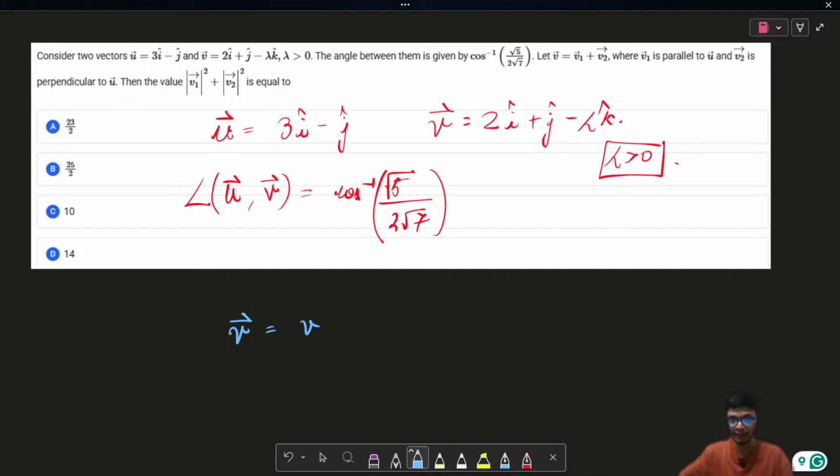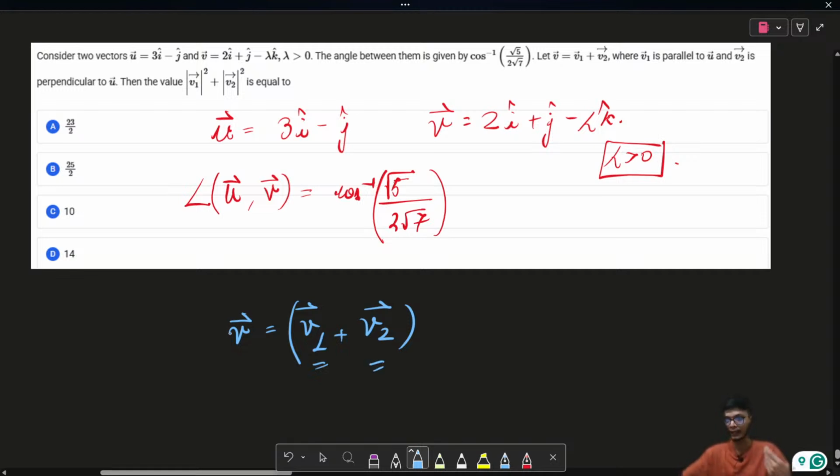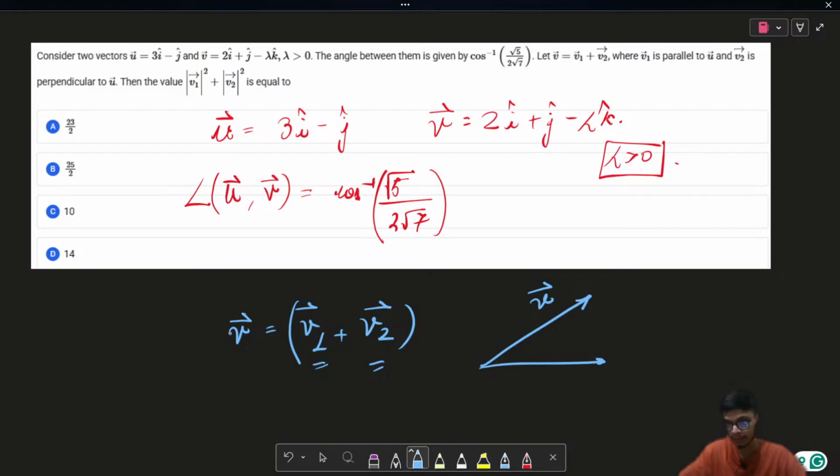Now we have v vector as v1 vector plus v2 vector, where v1 is parallel to u and v2 is perpendicular to u. So here you have to understand the concept of projection. Let us say this is my v vector and this is my u vector.